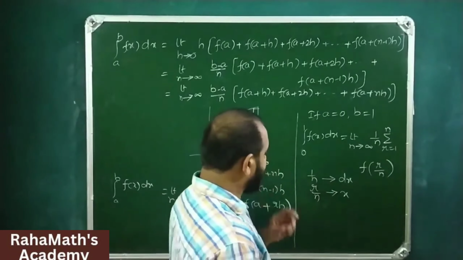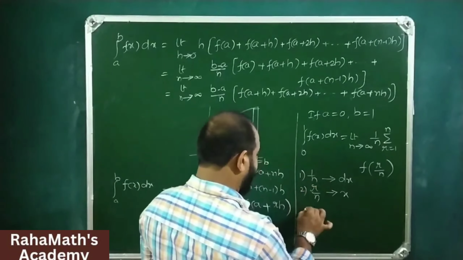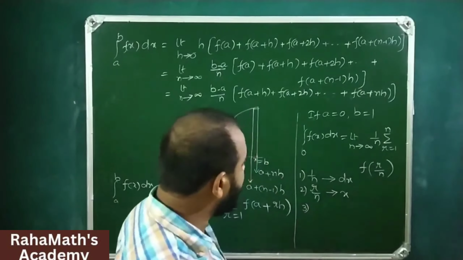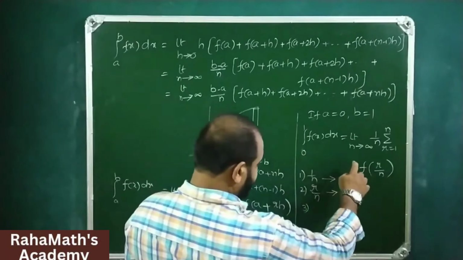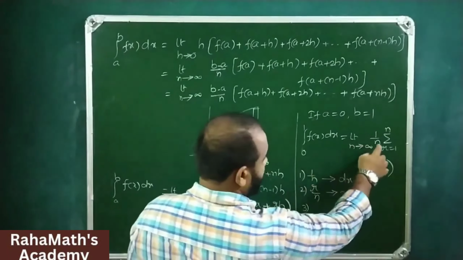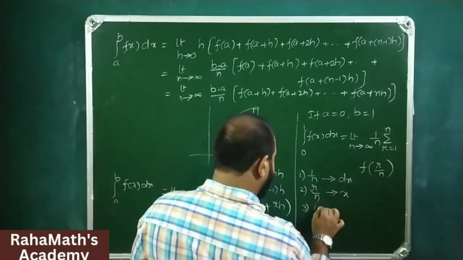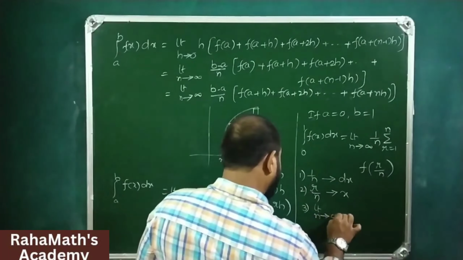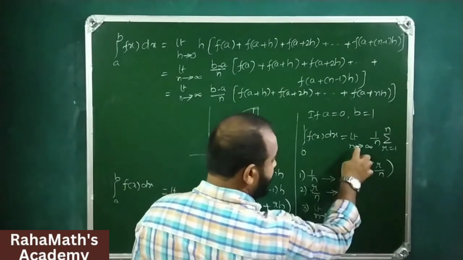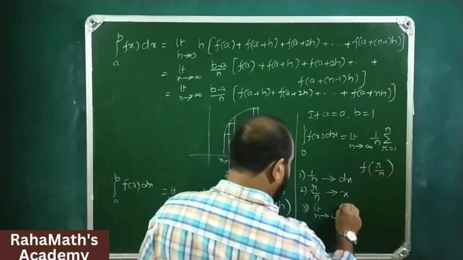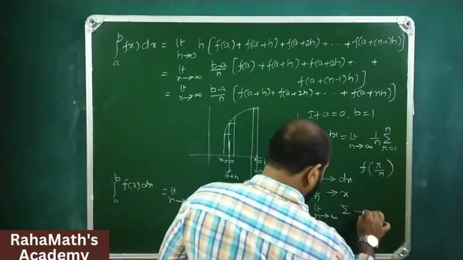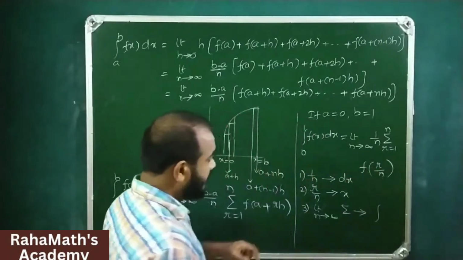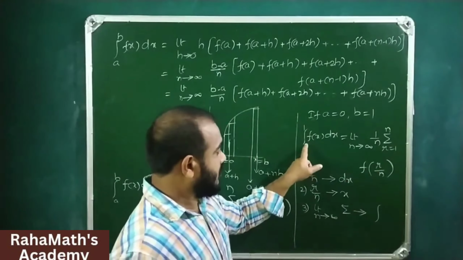This is the first one, this is the second thing, and the third one is the limit n tends to infinity with the sigma notation. This is nothing but the integral sum.